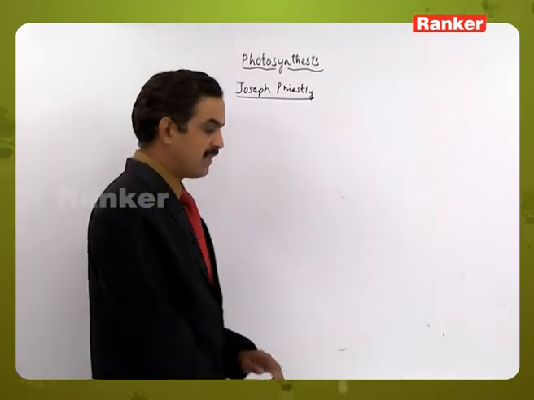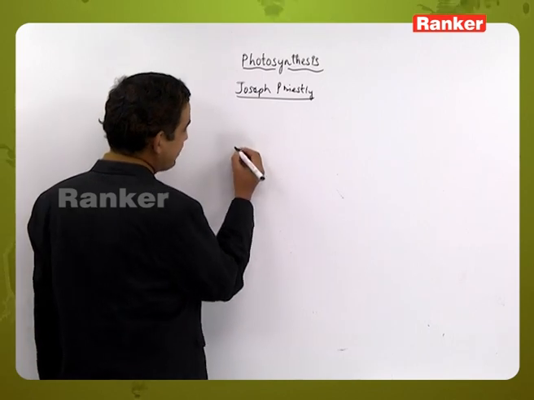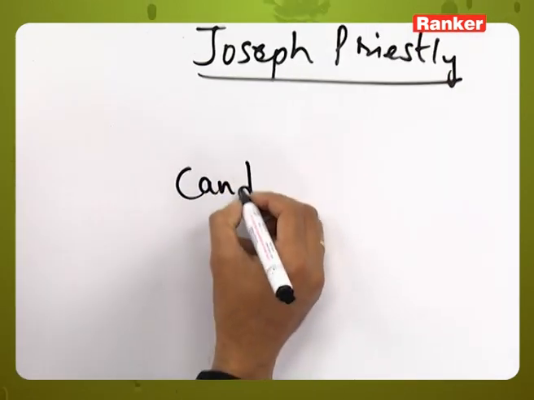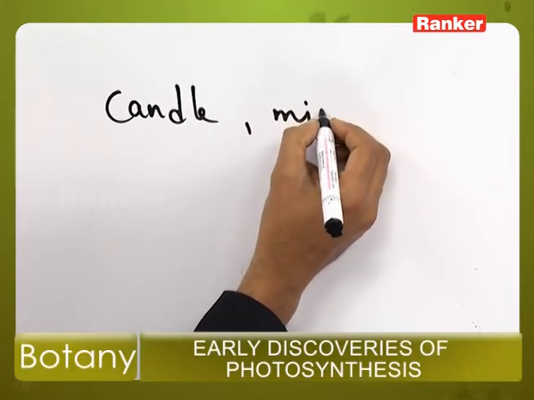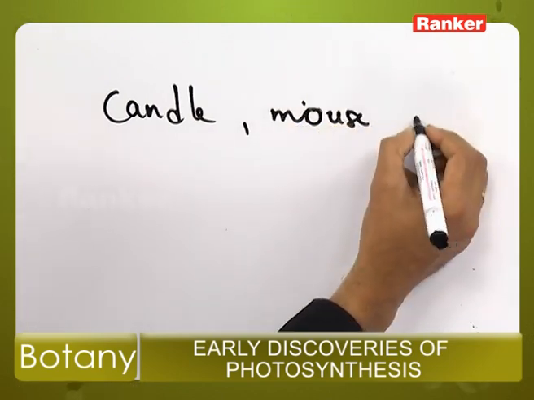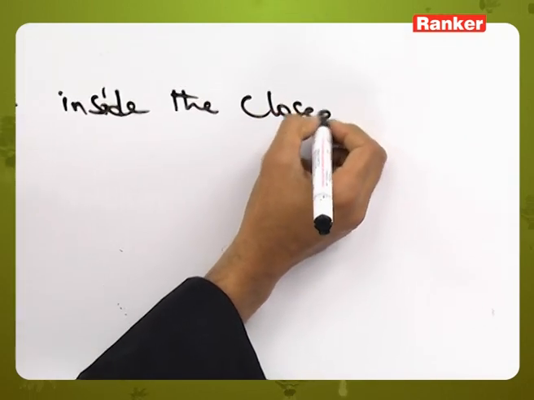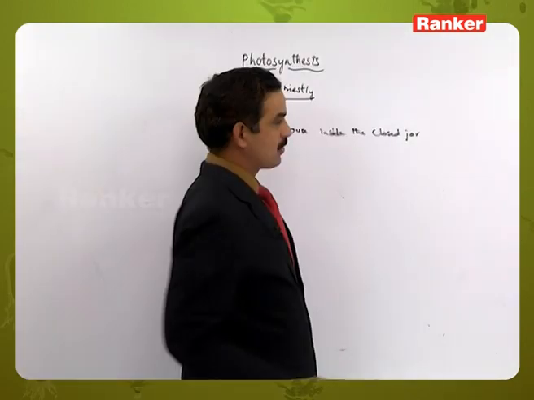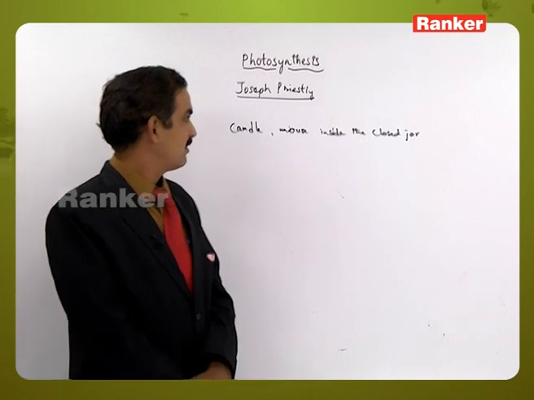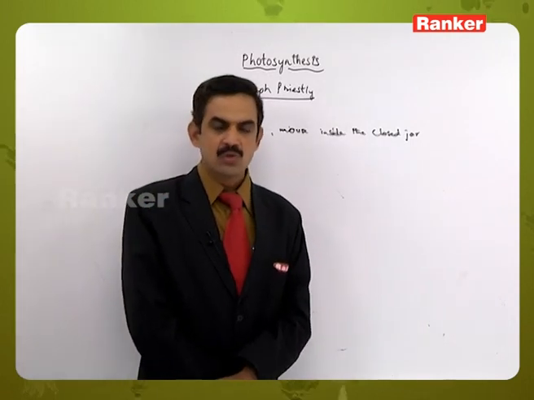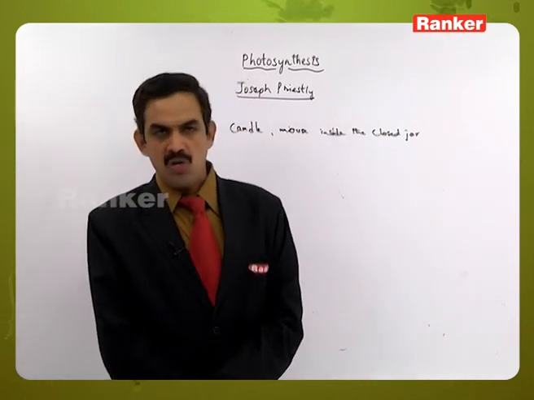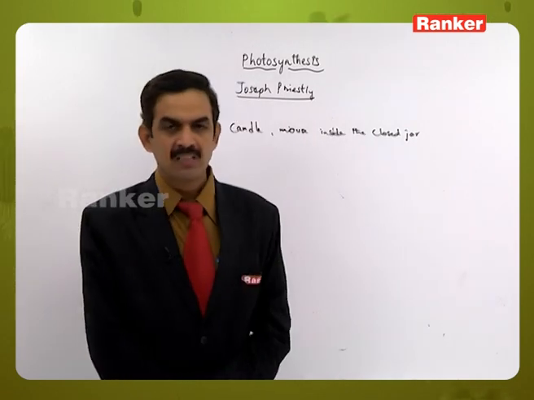He kept this candle and mouse inside the closed jar. So he had lit the candle. After some time, the candle went out and the mouse also died.